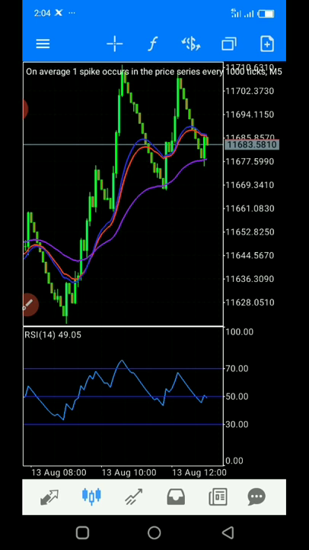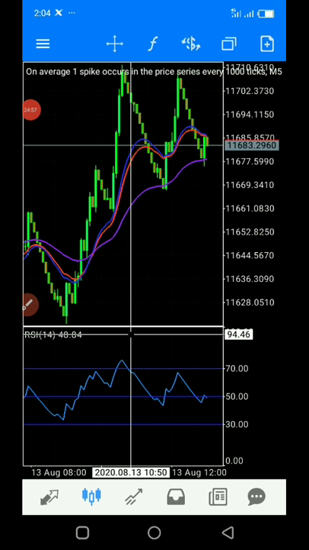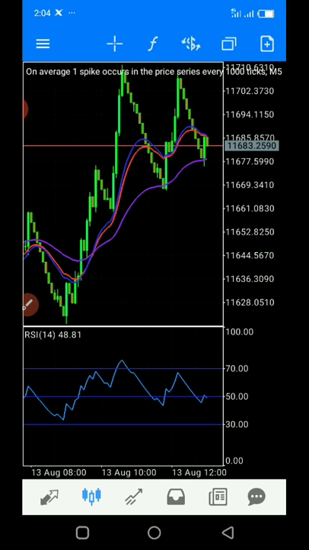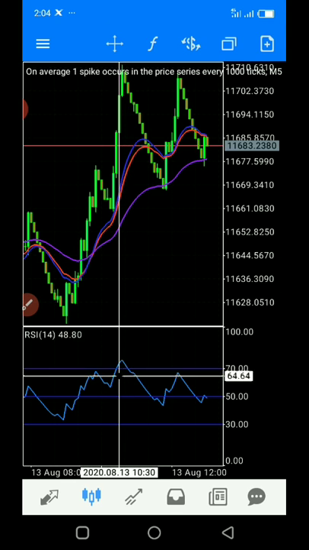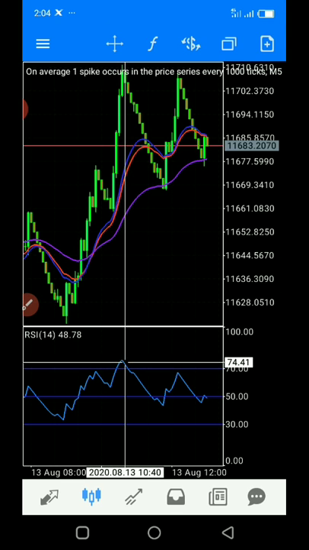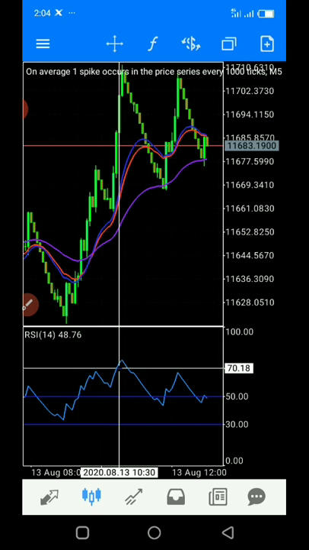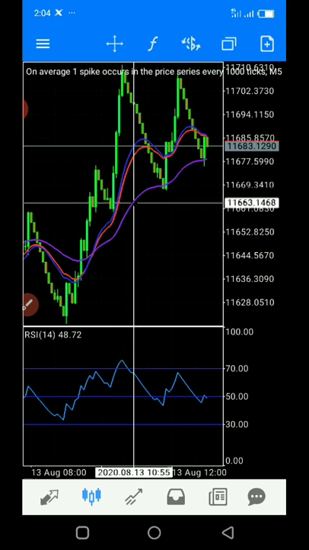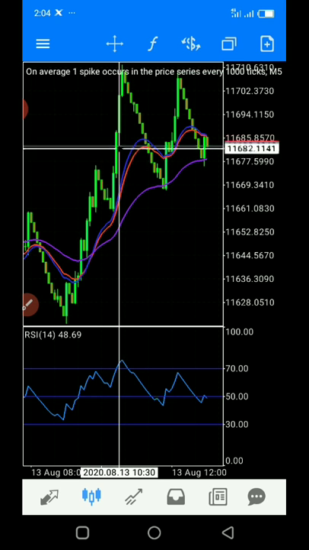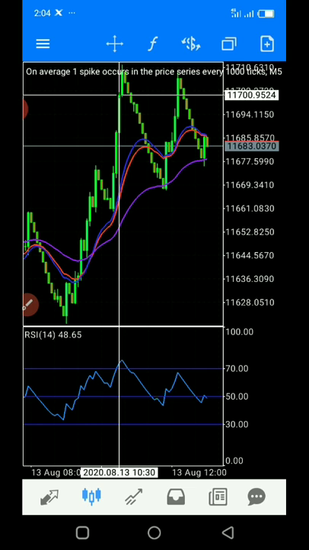You will either wait for 5 minutes candles to close before you take your profit, or you wait for market to cross over or touch the 70 RSI, which is the relative strength index. So if we are to use our RSI, we have taken our first profit here at this candle. See, we have taken our profit here. It's still fine.